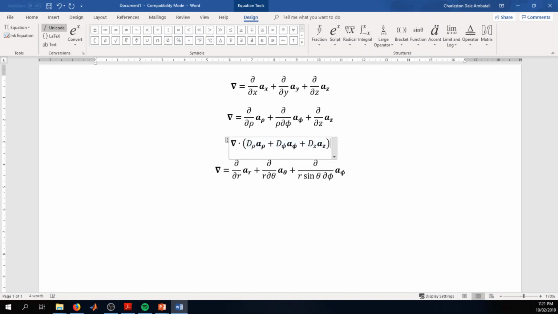If we get this expression, we can substitute your nabla, or your del, with this expression in cylindrical coordinates. So something like this.